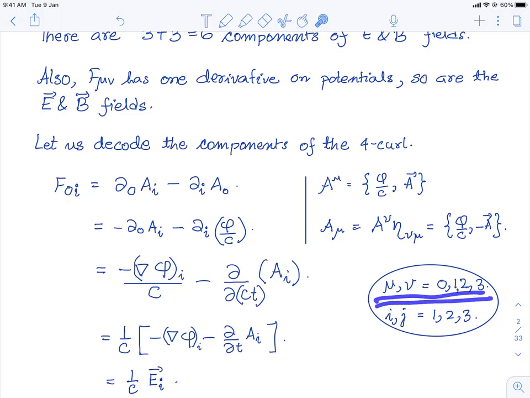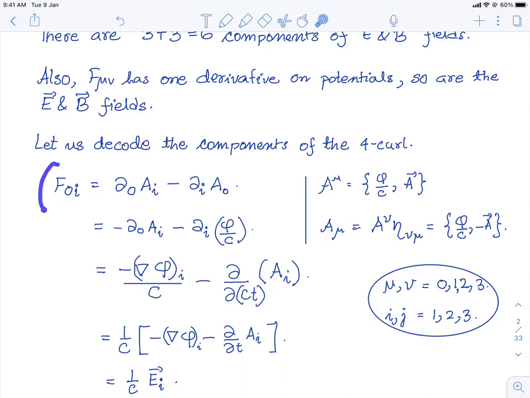The mu and nu run over 0, 1, 2, 3, so they run over the space-time components, whereas the i and j labels run over 1, 2, 3 only. So this is how I distinguish in some sense between space and time notations. This is like a 4 vector notation, which I'll denote with mu and nu, and this is like a 3 vector notation which we have been doing, and I'll denote it with i and j.